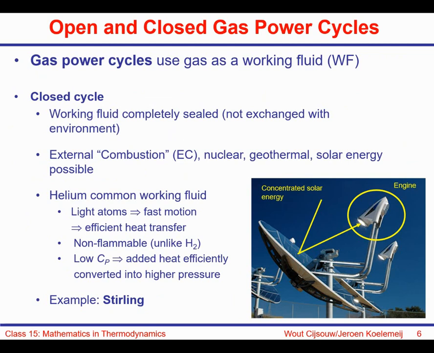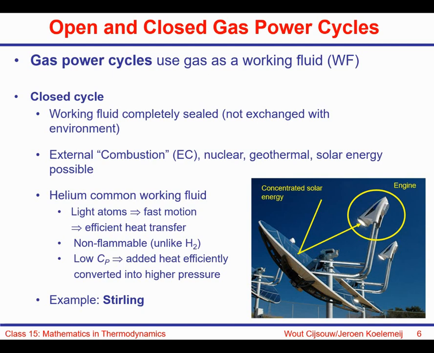Now, gas power cycles, they use gas as a working fluid. That makes sense. And you can have closed cycles where the working fluid is contained in a sealed container, so it's not exchanged or dumped into the environment.